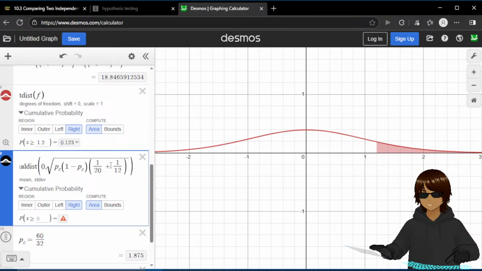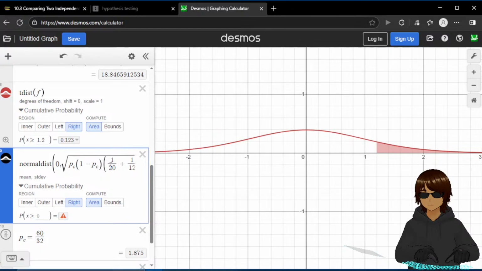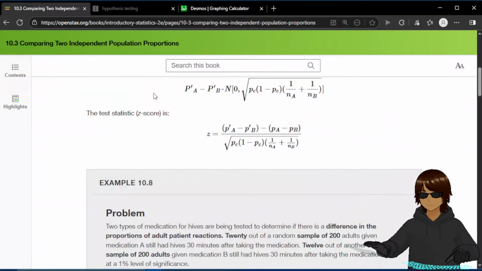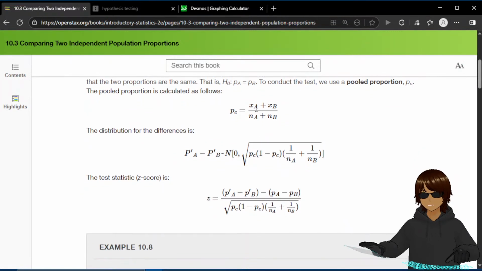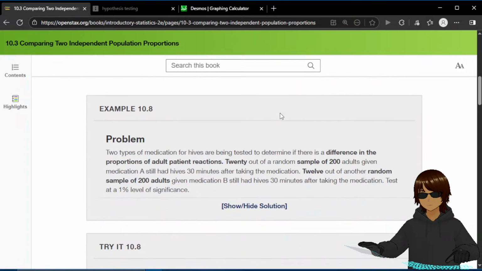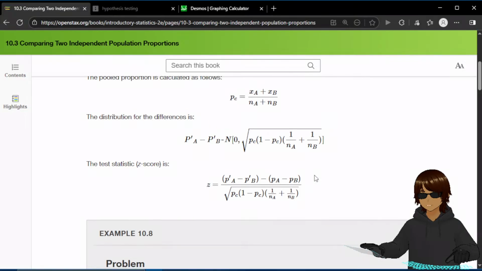I don't get what the issue is. Error computing the scenario. Is it negative? Yeah, it is. XA plus XB. 20.